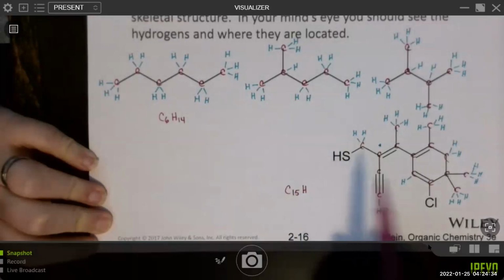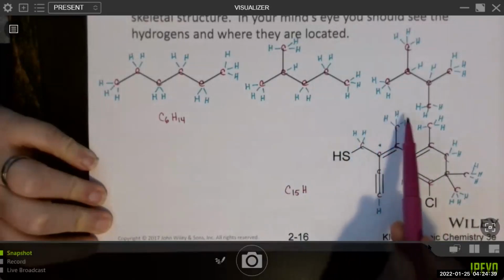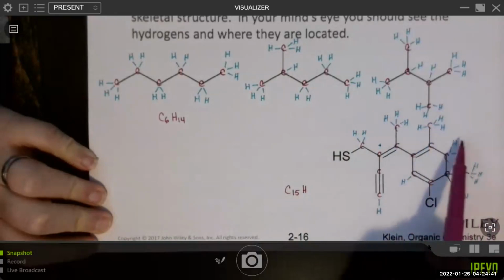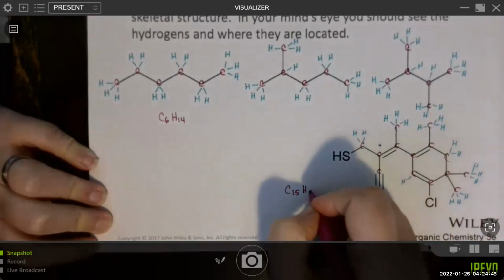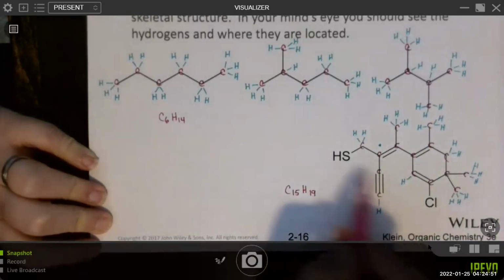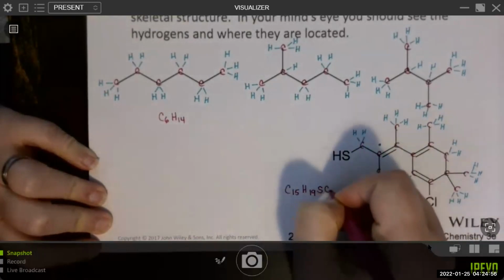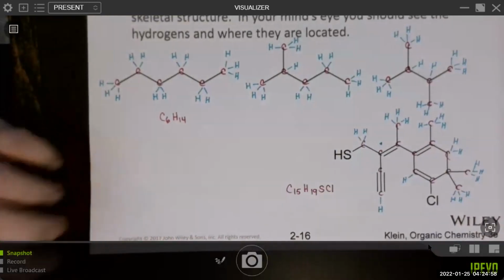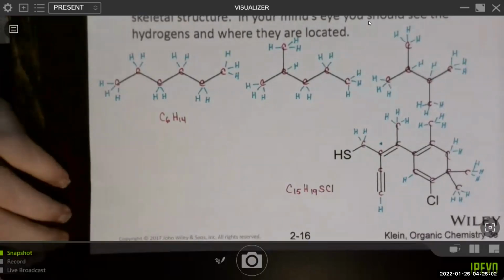Don't forget the one that's drawn in. 1, 2, 3, 4, 5, 6, 7, 8, 9, 10, 11, 12, 13, 14, 15, 16, 17, 18, 19. No nitrogens, no oxygens, 1 sulfur and 1 chlorine. You can do sulfur and chlorine. Hopefully you got the same thing that I did.